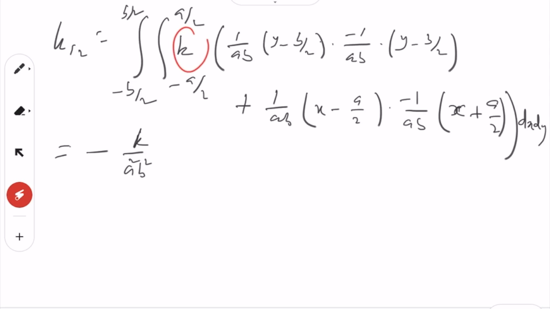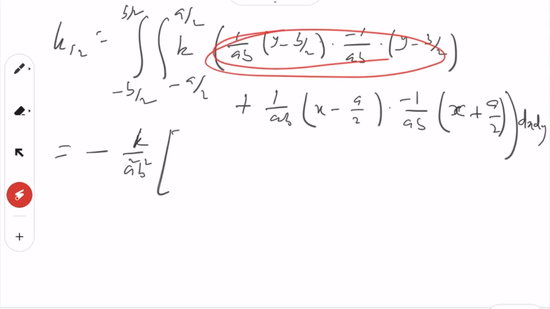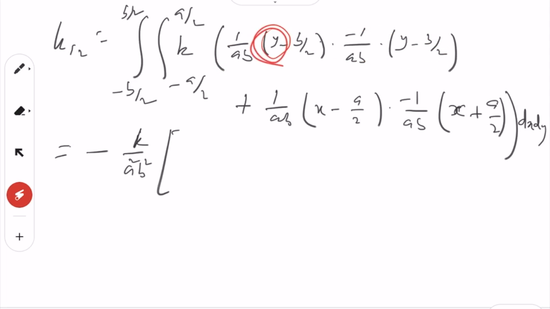So we have k 1 over ab minus 1 over ab, so that's what we get in common, and then the rest we will get like this one. This one has only y path, so we can write that like this.